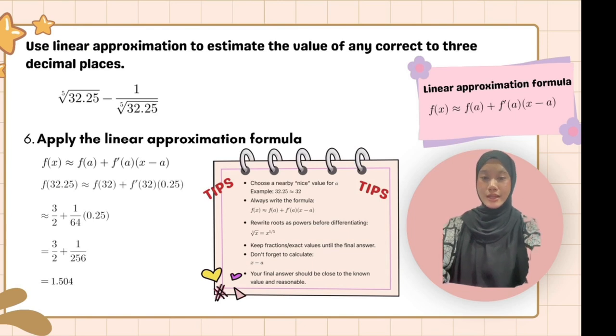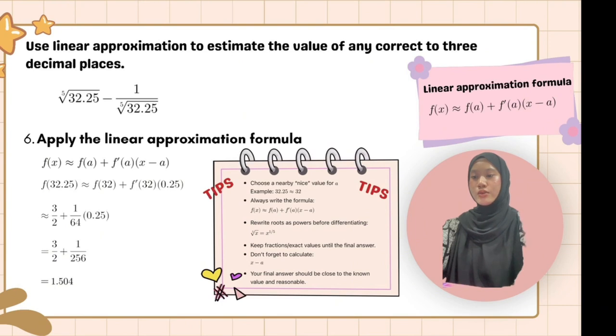We have to apply the linear approximation formula. x equals 32.25, f(a) is 3 over 2, f prime(a) is 1 over 64, and x is 32.25 minus a, where a is 32, and it will be 0.25.